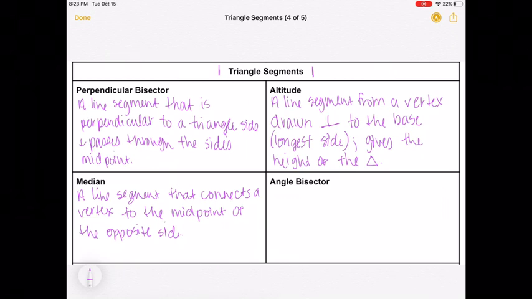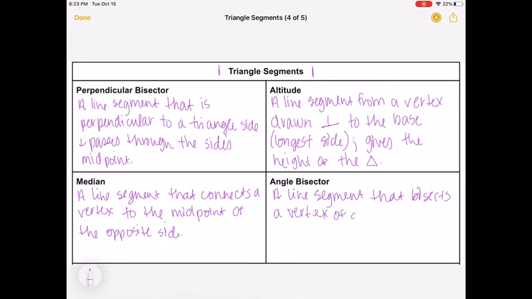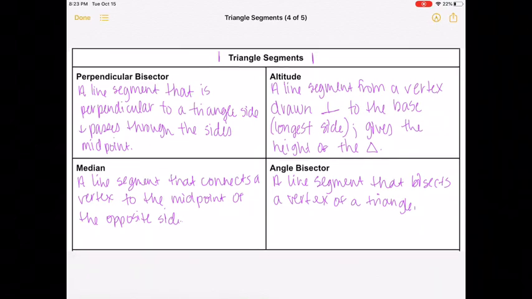Okay, and now angle bisector. A line segment that bisects. If you remember, bisects means cuts in half. A vertex of a triangle. All right, so now we're going to draw a picture of what each of these looks like.